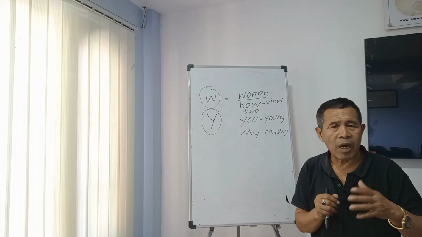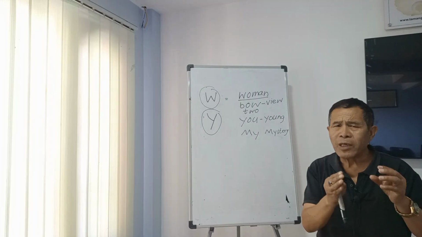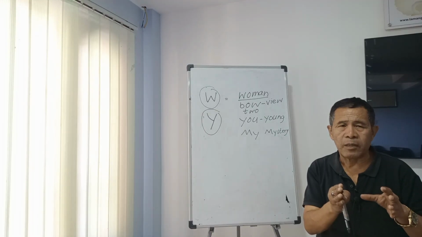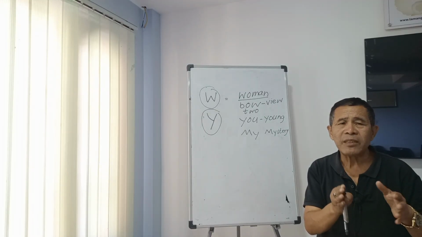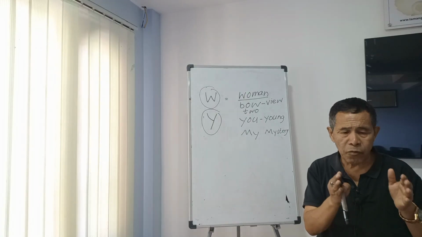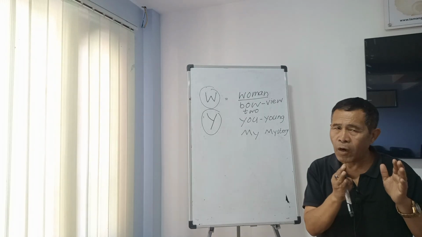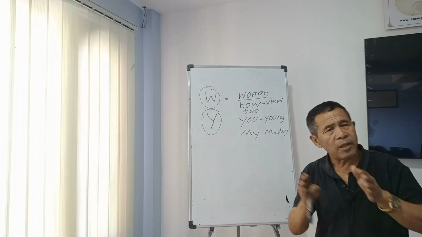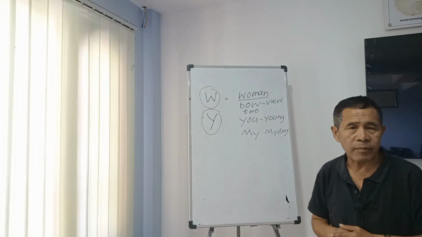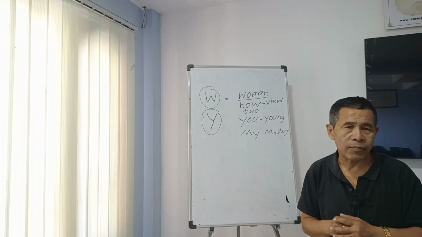Sometimes they are used as vowels. We call it semi-vowel. Semi means half. At times they work as vowels, and at times they work as consonants when we use them in a word.